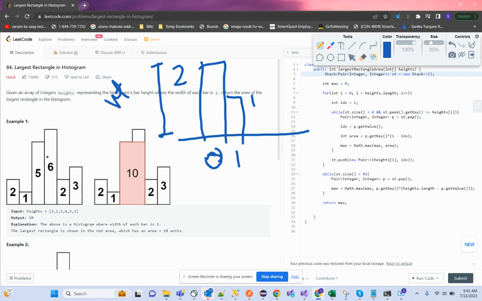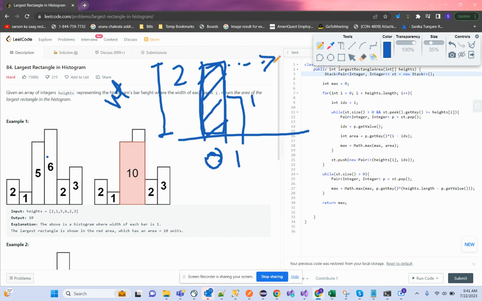If you see this histogram, you can observe that this rectangle you cannot extend further, because the height is 2 and the next coming height is 1, so there is no room to extend further. So if we want to calculate the area, we just have to calculate the area of this particular histogram.